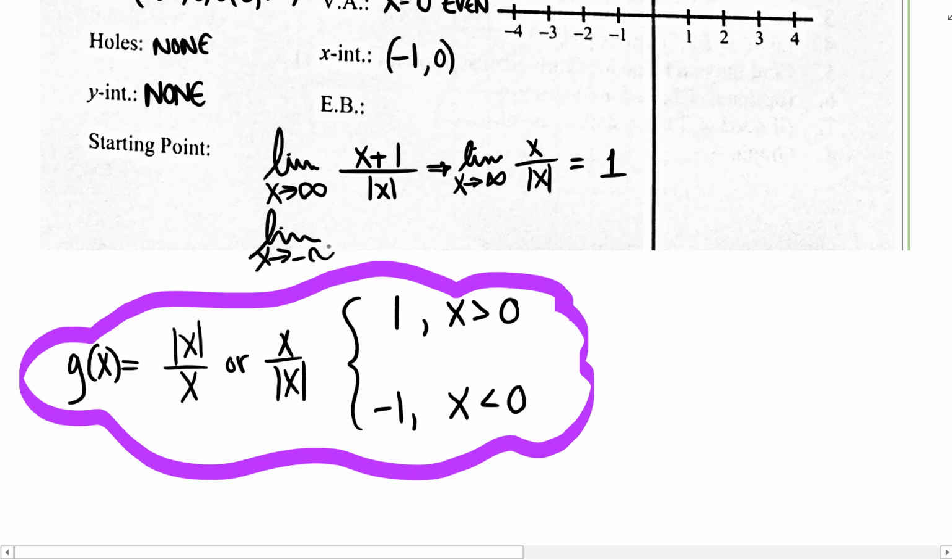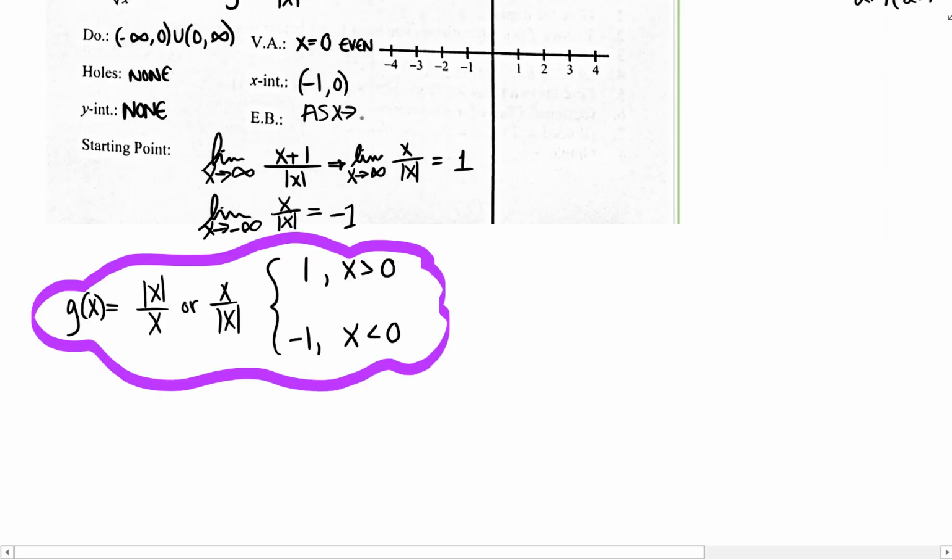Now, as we approach negative infinity of the same thing, when we're approaching negative infinity, x's that are less than 0, our result is -1. There is our end behavior. As x approaches positive infinity, y approaches 1. As x approaches negative infinity, y approaches -1.